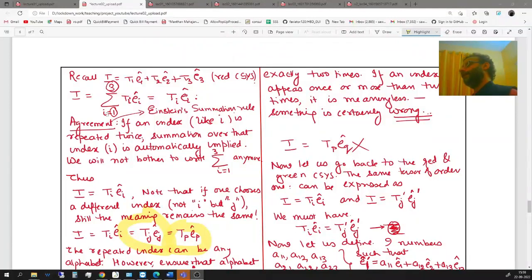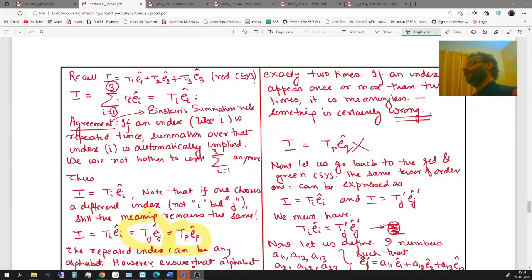So i can take values 1, 2, and 3, and this summation sign, or the sigma sign, tells me that I should allow i to take values 1, 2, 3 and keep adding the terms that are generated after taking those values, right?